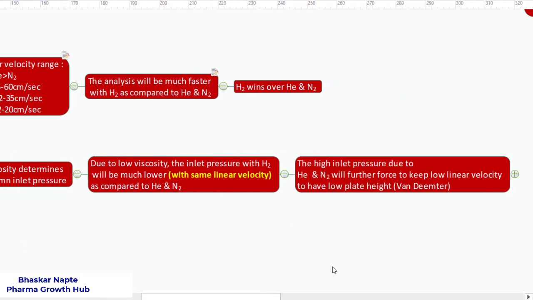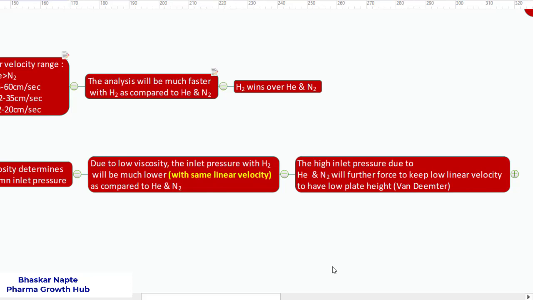Now understand the statement. The high inlet pressure due to helium and nitrogen will force us to keep a low linear velocity to have low plate height, as in the case of the Van Deemter equation. Because if you increase the velocity of helium and nitrogen, you will fail miserably in achieving the plate counts.